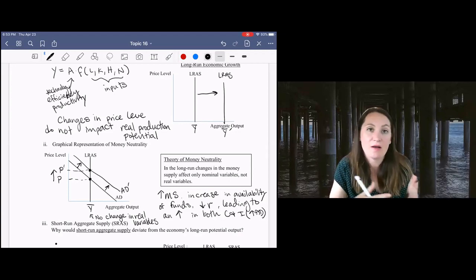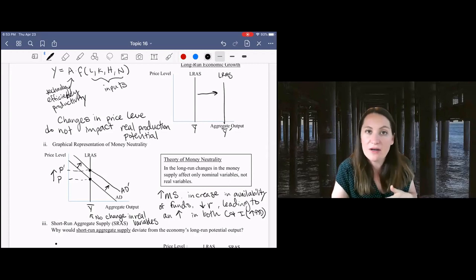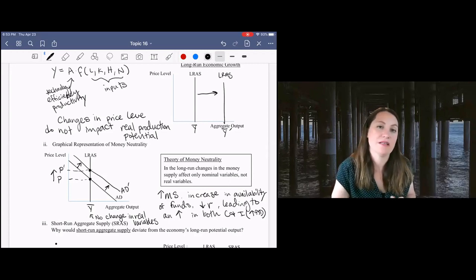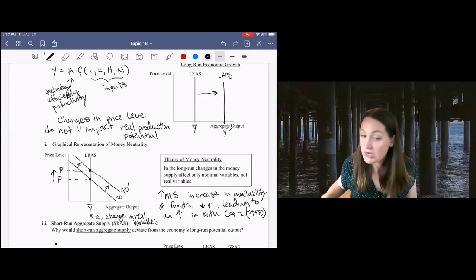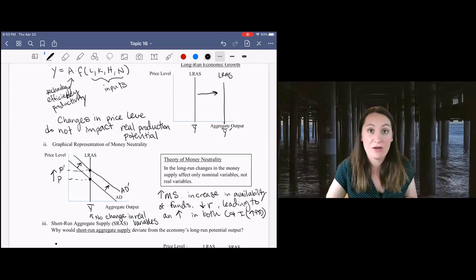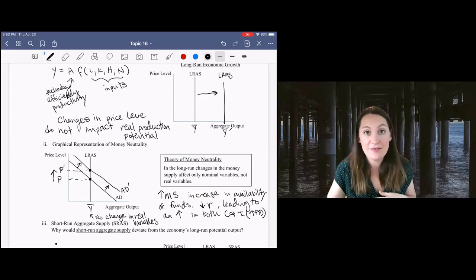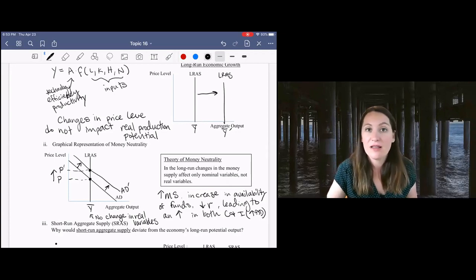So what's different? A cup of coffee costs $2 instead of $1. It is still a cup of coffee, right? The real output is the same, but the nominal output has changed. Okay, good. So I'm going to leave it there for long-run aggregate supply. And then in the next video, we'll introduce short-run aggregate supply, which will help us think about understanding those business cycle fluctuations.